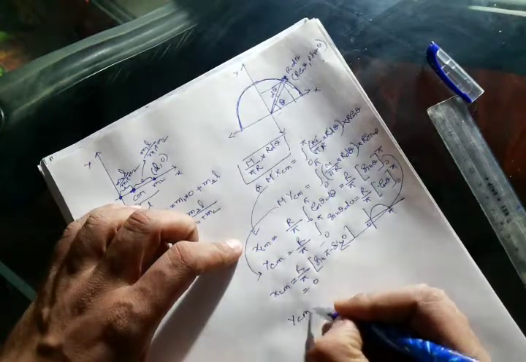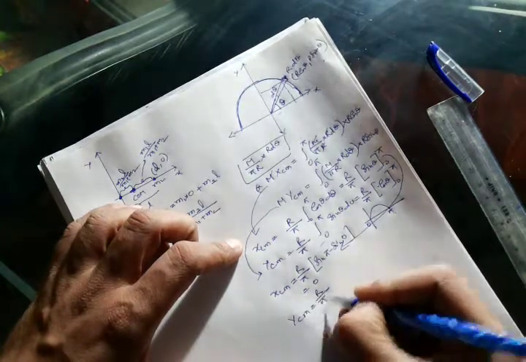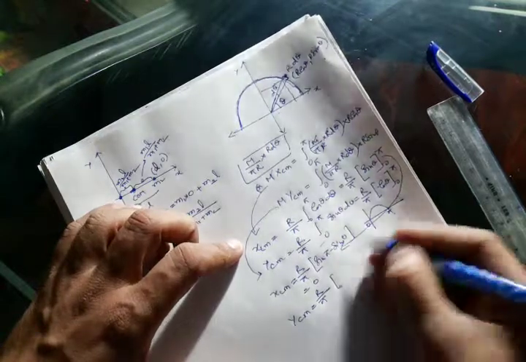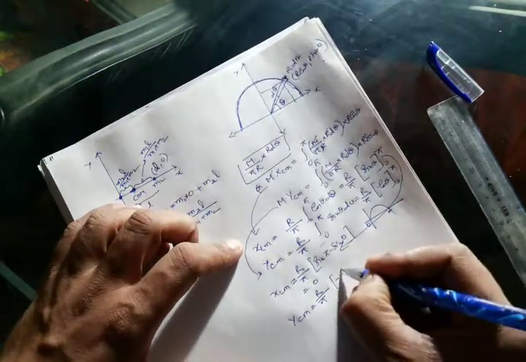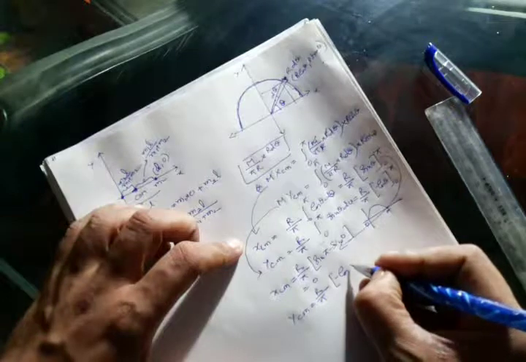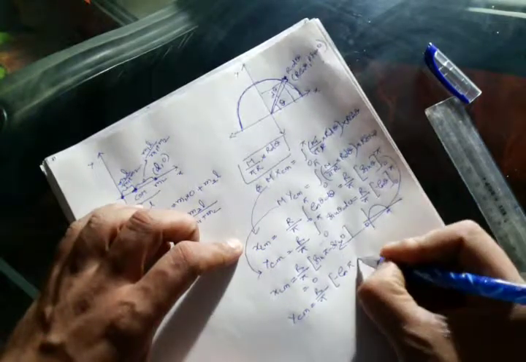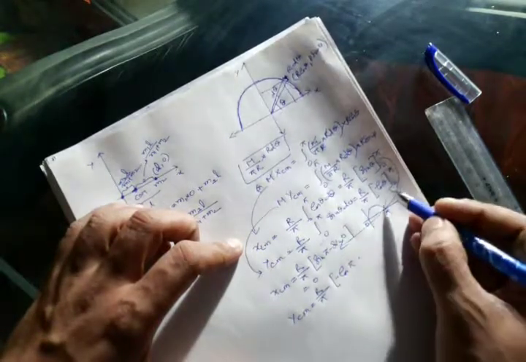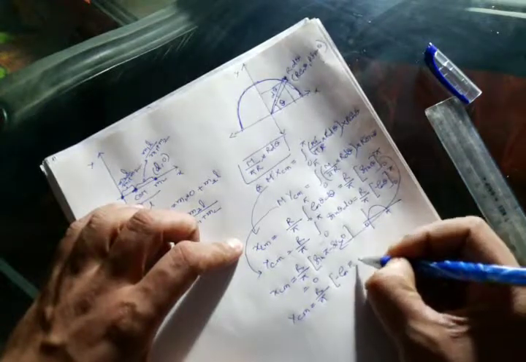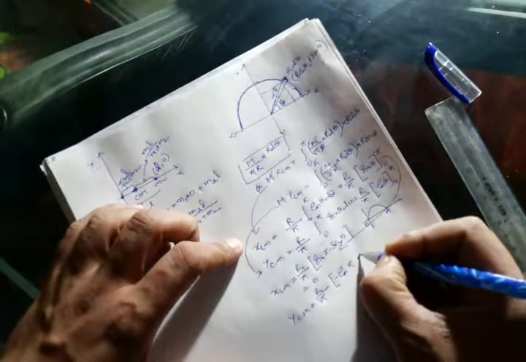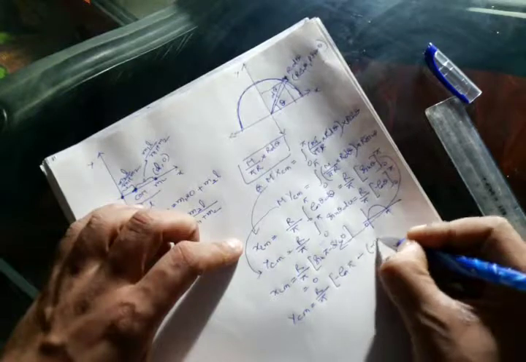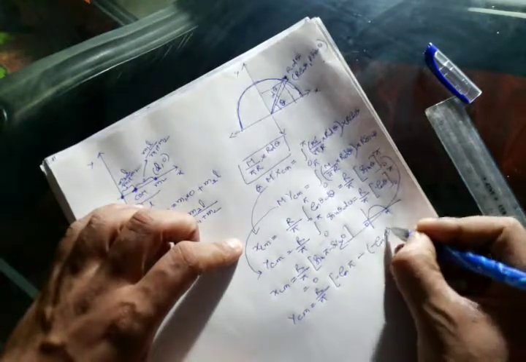Now ycm will be r over pi times minus cos pi minus minus cos 0.